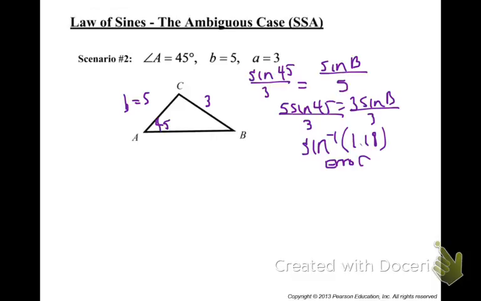So what does this tell you about this triangle? If you can't find an angle over here that's going to work, what are you going to assume? It's not there. And why is it not there? Because what's happening to this side right here?